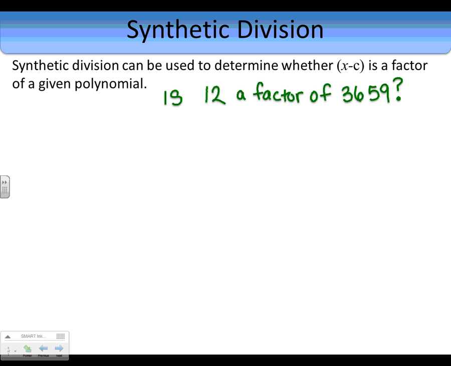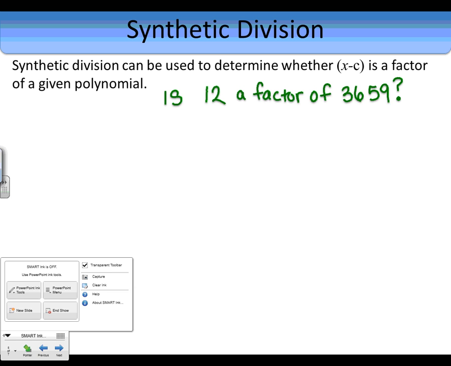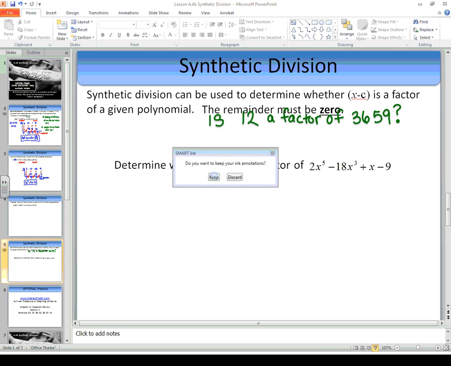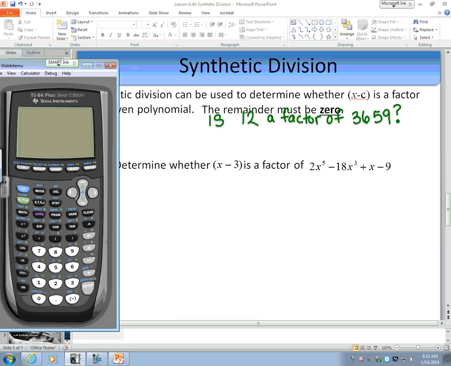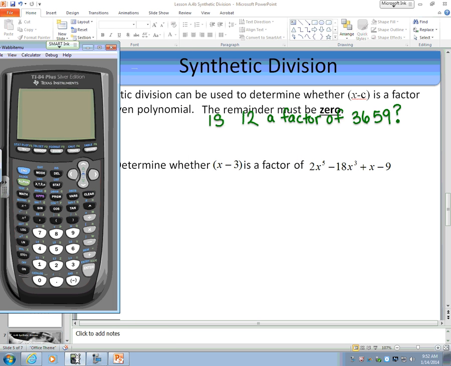All right, so hopefully thinking back to your elementary school-ish days, if we want to know if 12 is a factor of 3,659, then 12 will need to go into 3,659 evenly.